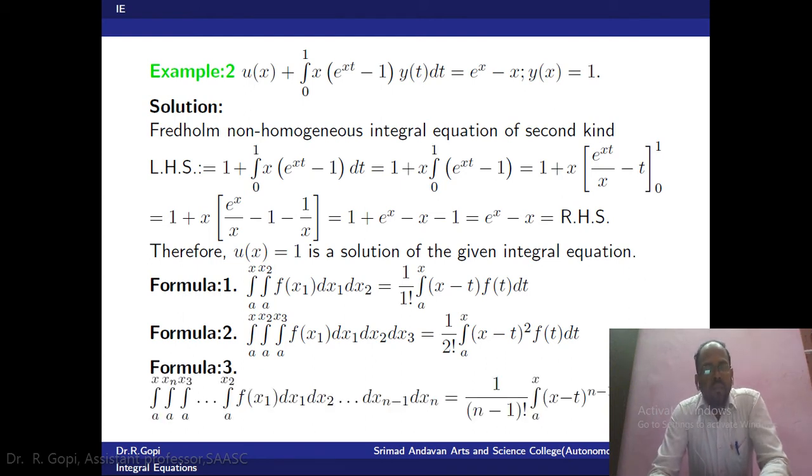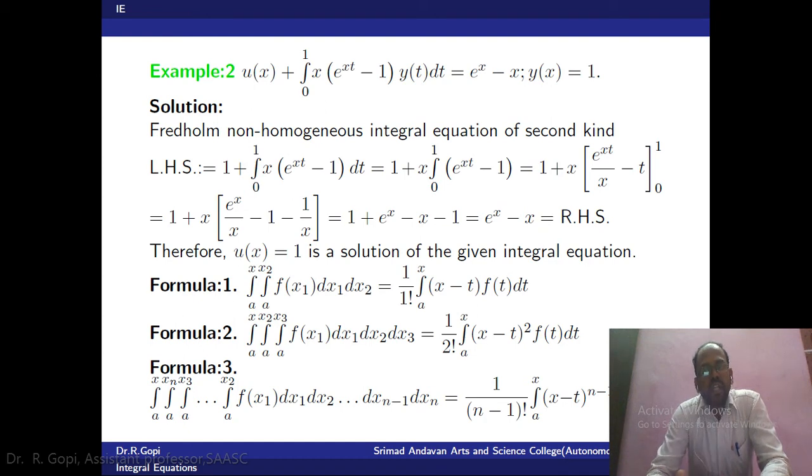Then another formula in terms of n terms, the integral a to x and so on. So f of x1 dx1 up to dxn equals, for 3 terms we got 1 by 2 factorial, so here for n terms we get 1 by (n minus 1) factorial times the integral a to x of (x minus t) whole power n minus 1 times f of t dt.